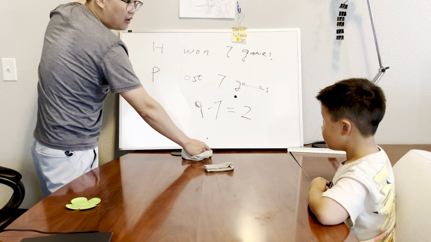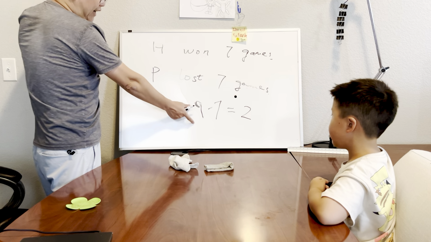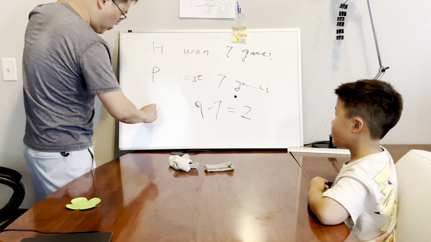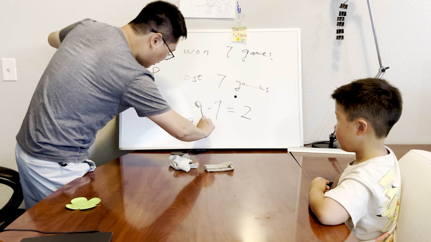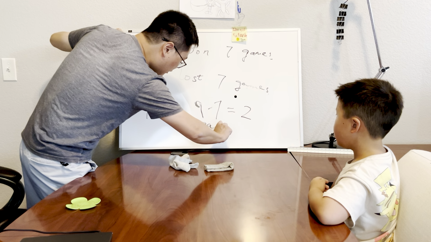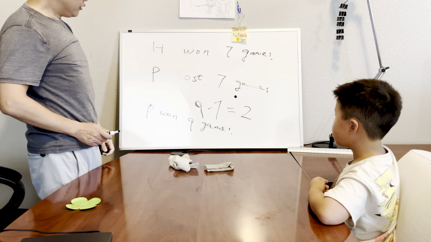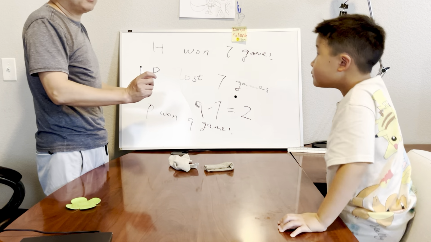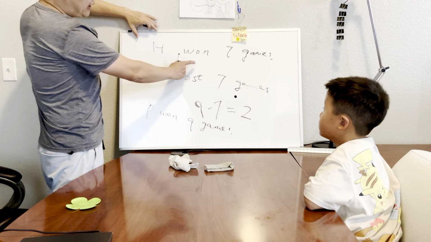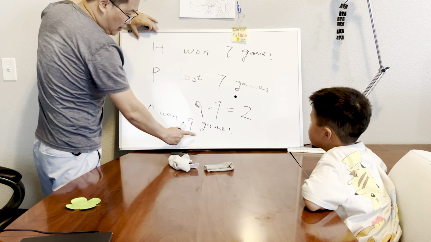So P has won 9 games. For every card game, you have either a winner or a loser. There's no stalemate. So H has won 7 games and P won 9 games.